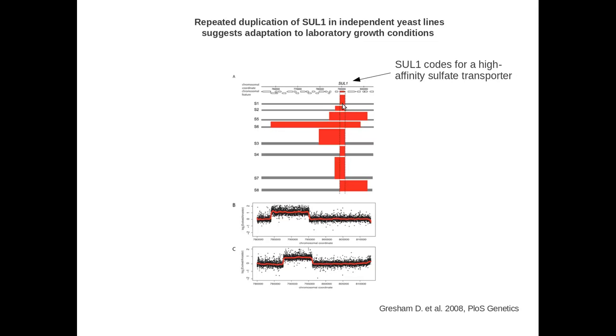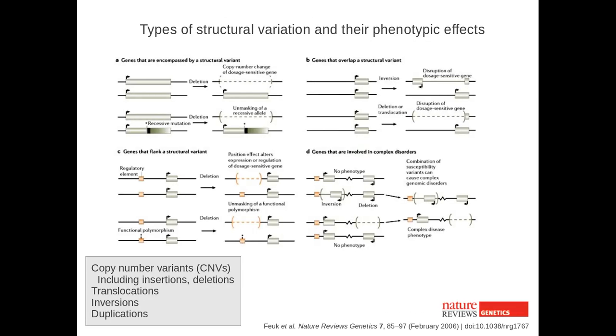And so these gain a competitive growth advantage in nutrient-limiting conditions because they now overexpress a gene that facilitates their acquiring nutrients. So there are many areas of molecular biology and evolutionary biology and biomedicine and medical genetics where these types of mutations are of great interest.